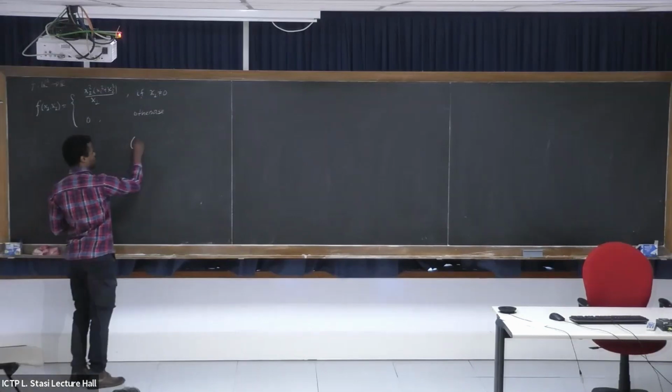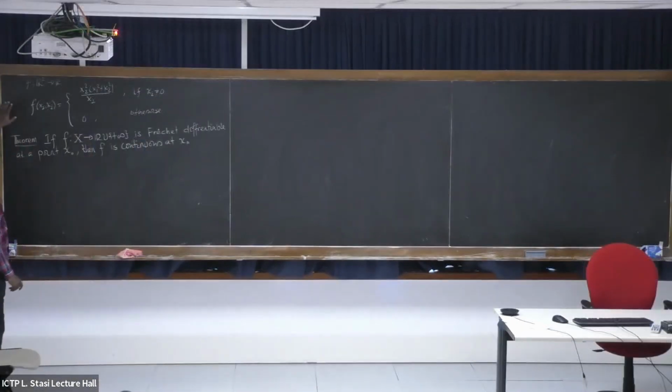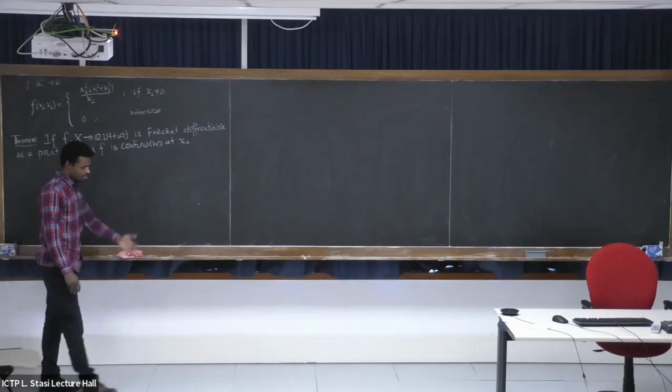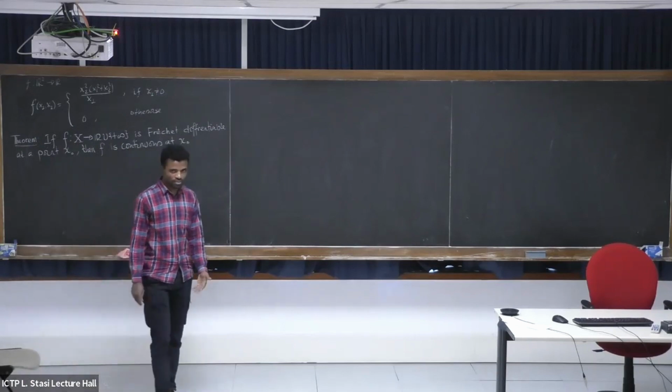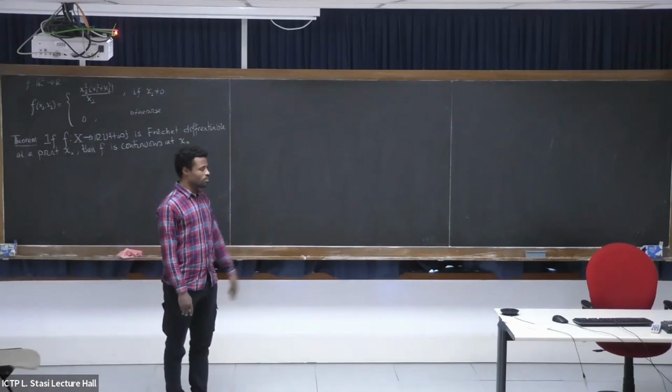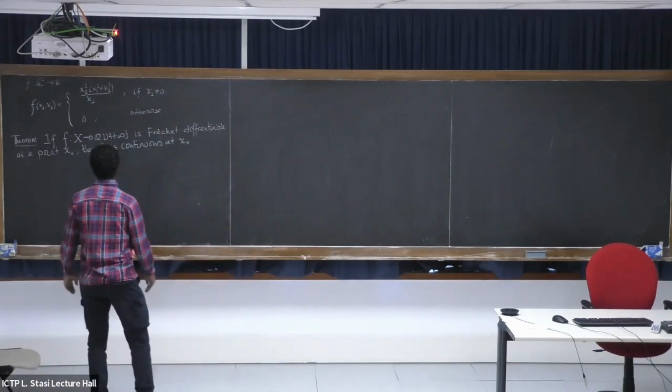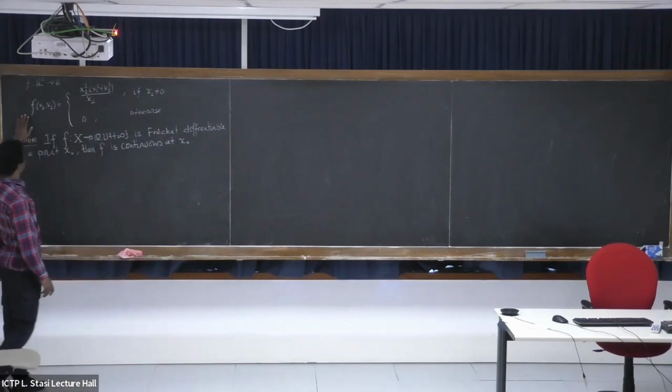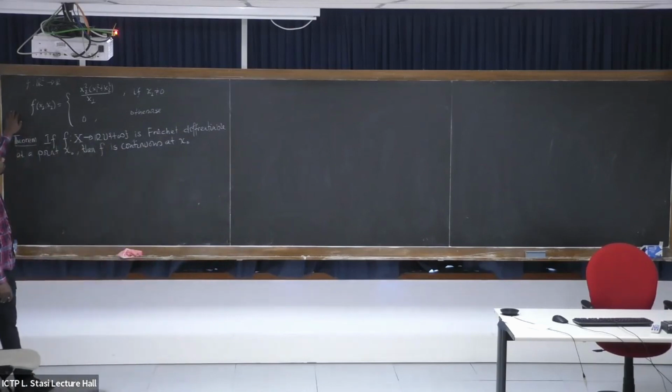So this is an example from yesterday's lecture, which I showed is Gateaux differentiable. That's obvious. But it says that it fails to satisfy Fenchel differentiability. But the fact might be that it is not true that it fails to satisfy the Fenchel differentiability.